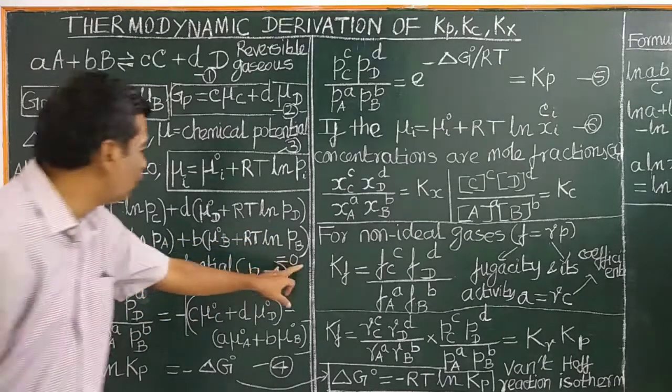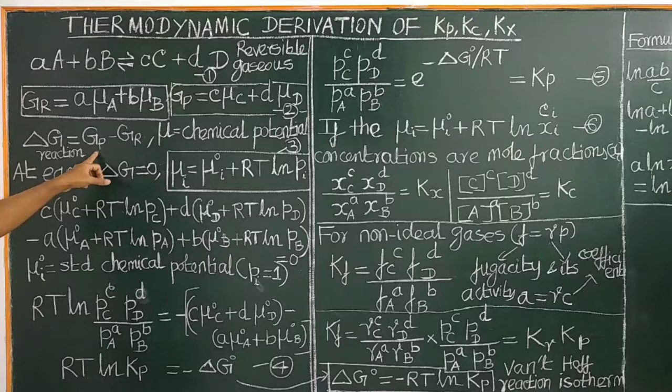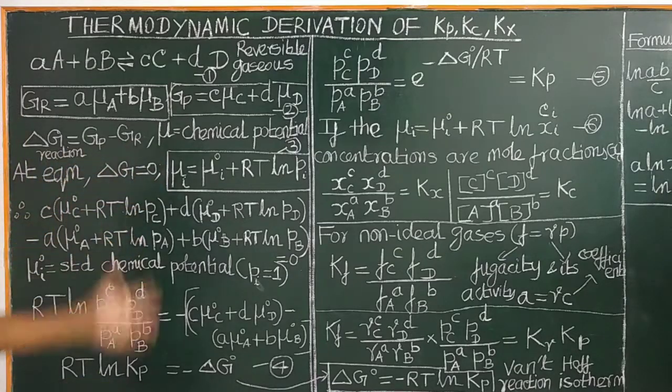This is equal to 0. ஏன்னா Gp minus Gr, the free energy of the reaction is equal to 0 at equilibrium, ரைட்டா?